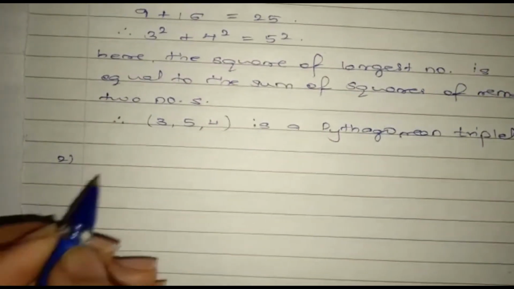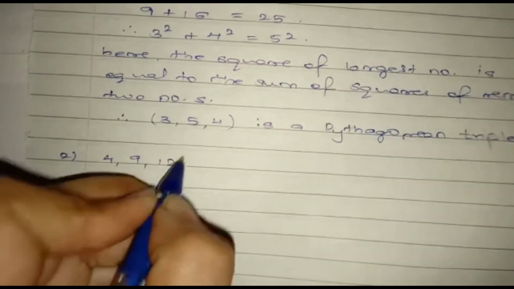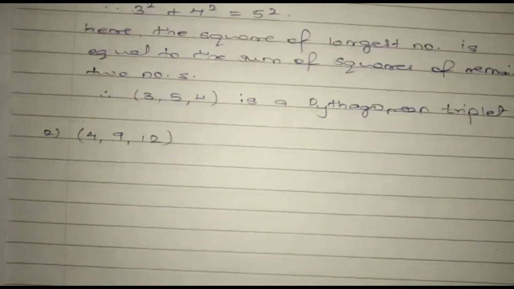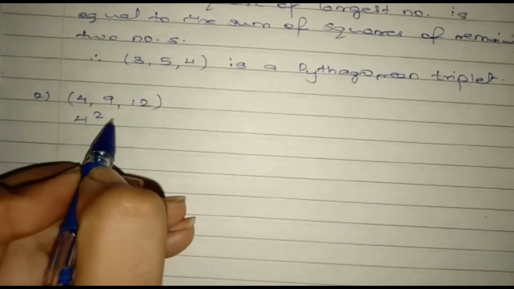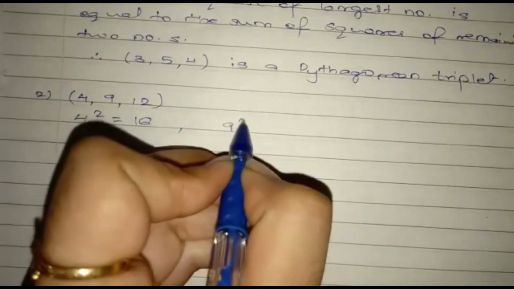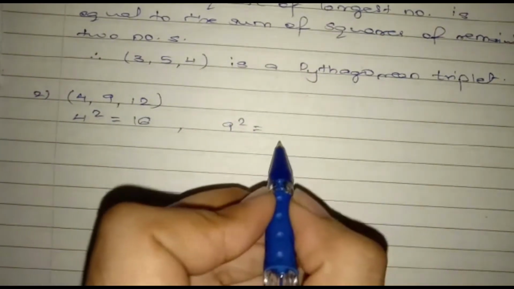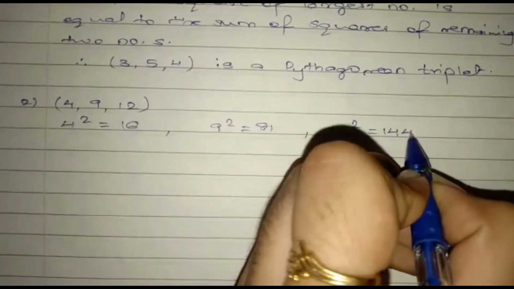Second, it is 4, 9 and 12. So 4 square is equal to 16. 9 square is equal to 9 9s are 81, and 12 square is equal to 144.